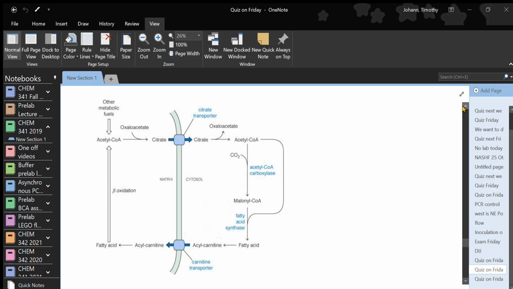We need to have malonyl-CoA to make it, right? But malonyl-CoA is made from acetyl-CoA, right? Where are you making acetyl-CoA? What part makes acetyl-CoA? Pyruvate dehydrogenase complex. And where is that? It's in the mitochondria.